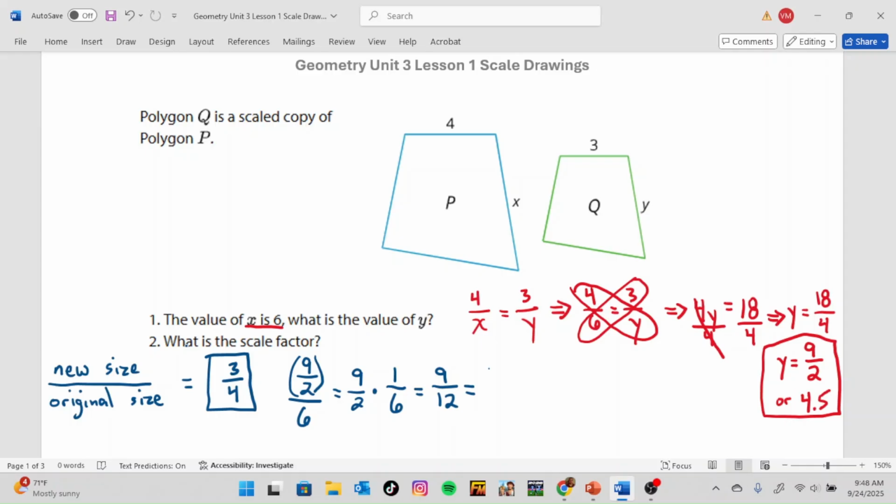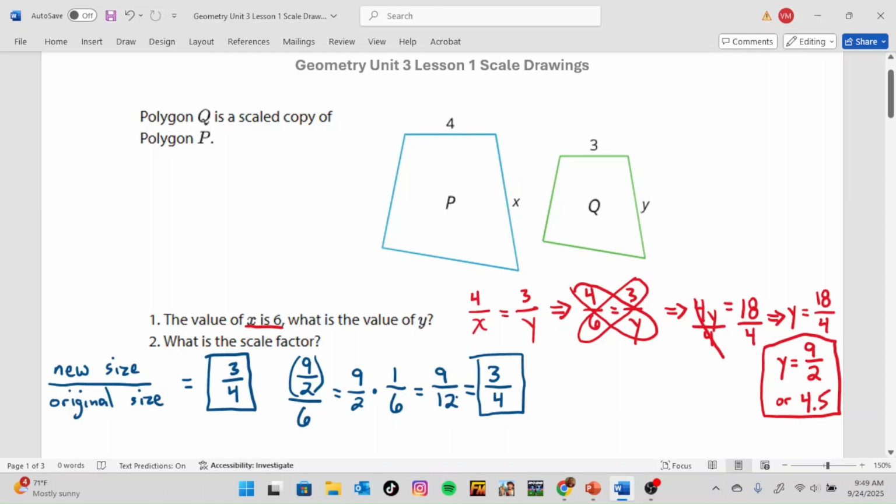9 divided by 3 is 3. 12 divided by 3 is 4. And notice it doesn't matter whether we use the top numbers that they gave us or the right side numbers that we figured out. In both instances, we found out that the scale factor was 3/4.